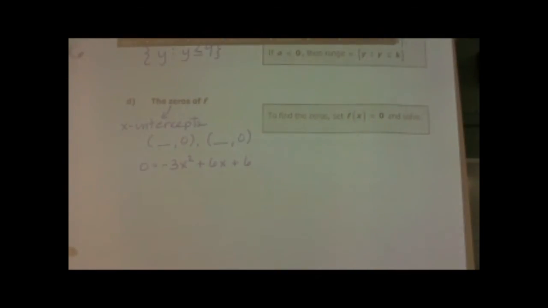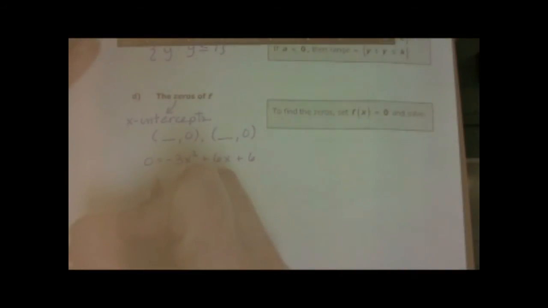And I can solve this either by factoring, I can solve it by using completing the square, or I can solve it using the quadratic formula. All right, a lot of these you're going to need to use the quadratic formula for. But here's the thing, if you use the quadratic formula, it can still come out to a nice number like an integer. So that's what I'm going to do here.